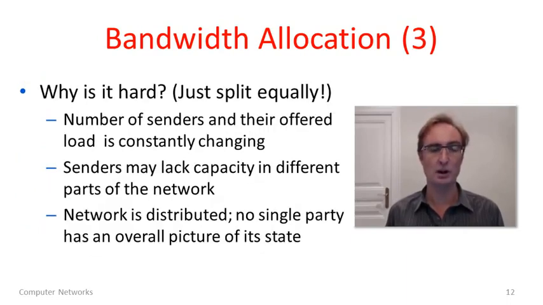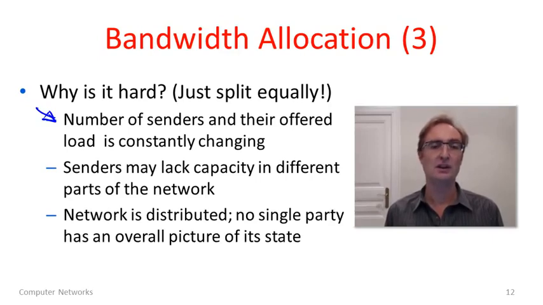You might also wonder why this is hard to solve, the bandwidth allocation problem. After all, it seems like if you just have a link of a certain value and senders want to use it, we could simply divide the bandwidth and call it quits. Well, it's a little harder than that for several reasons. Now, the actual number of senders and how much traffic they're sending and even where they're sending to is something which is constantly changing over time as people surf different web pages, go and get a coffee, watch a movie, go out, and so forth.